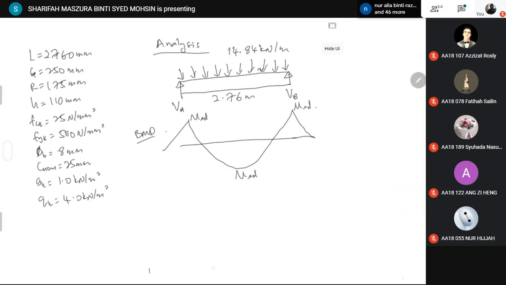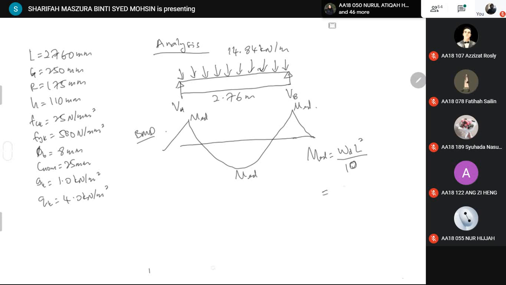Okay, so for our BMD, the value will be WL square divided by 10. The equation will be WL square divided by 10.